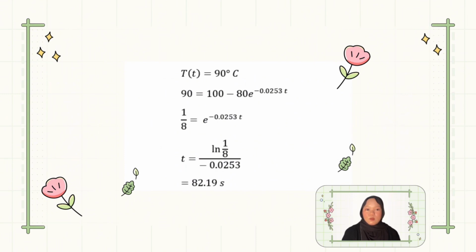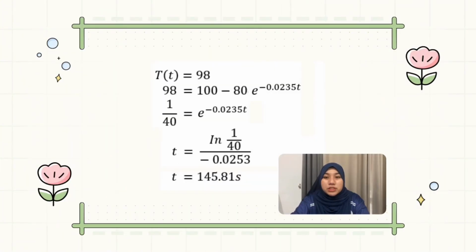Now we take ln of both sides and simplify again, and we get t equals ln(1/8) divided by negative 0.0253. So the final answer is 82.19 seconds.